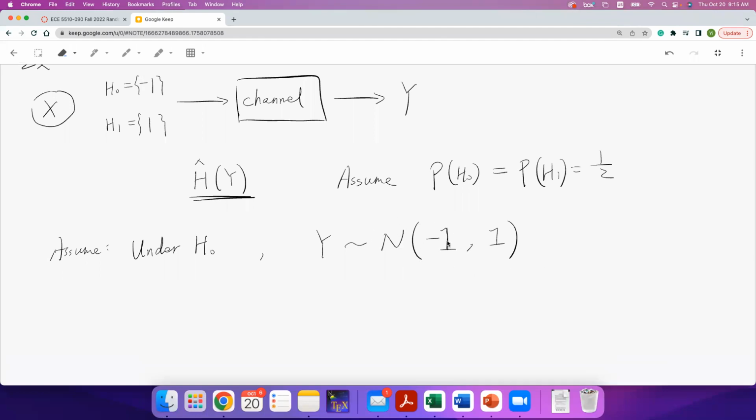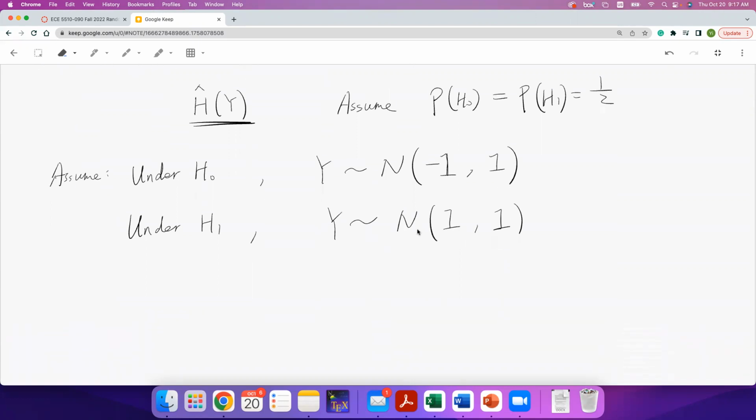The observation is a noisy observation of the original signal. So this distribution is centered at H0 and has unit variance, and this variance characterizes the variance of the noise. Under H1, if the transmitted signal is 1, let's assume the observation follows another distribution, centered at 1 with unit variance.